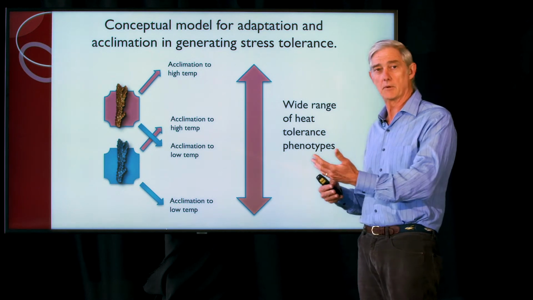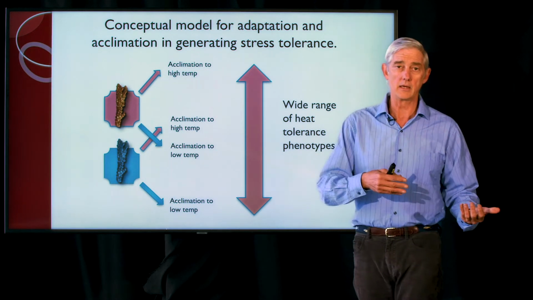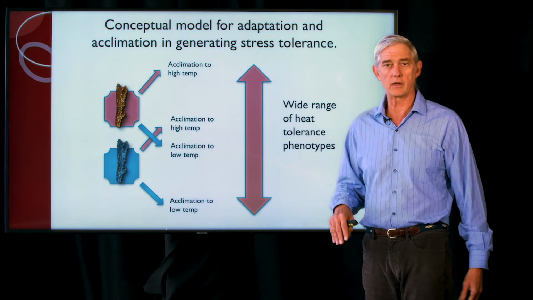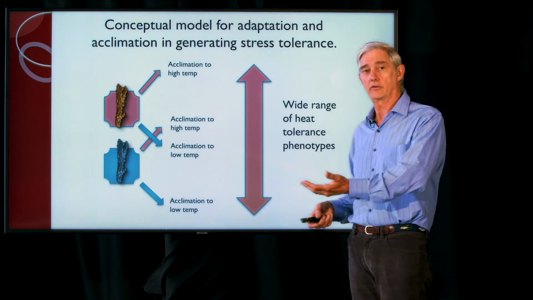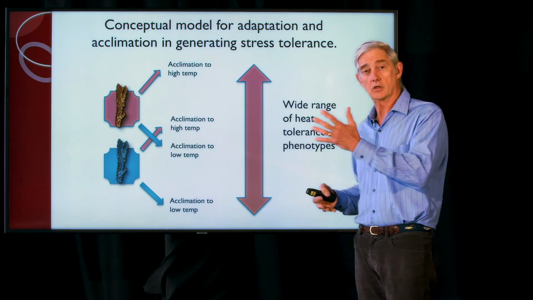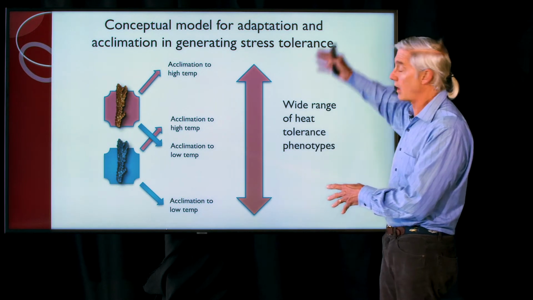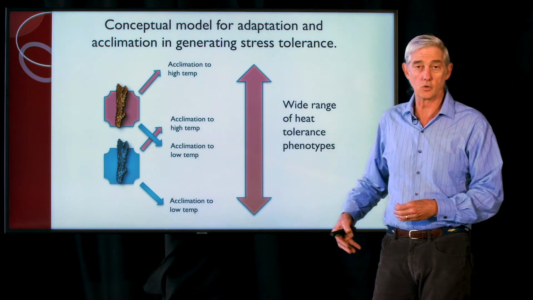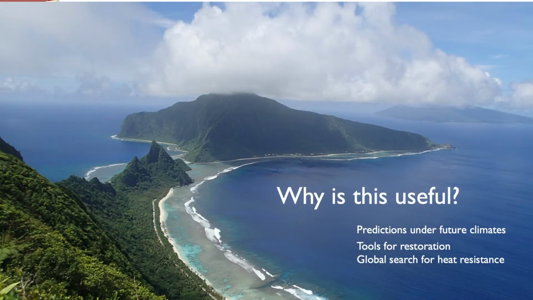One is their acclimation, how much time they have spent in warm water in the past and how that's changed their physiology. And the other is their intrinsic genetics, like at the SL1 or SL2 loci. Together, the acclimation and the physiological adjustment and the genetics can give you a wide range in phenotypes in coral heat resistance, which is what we see out in the field.